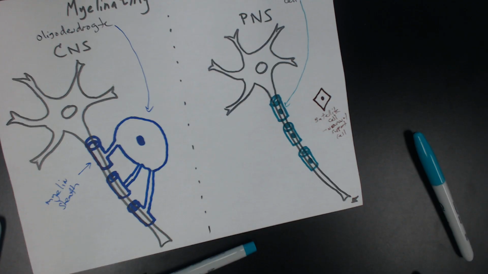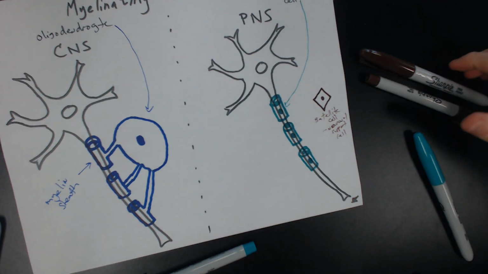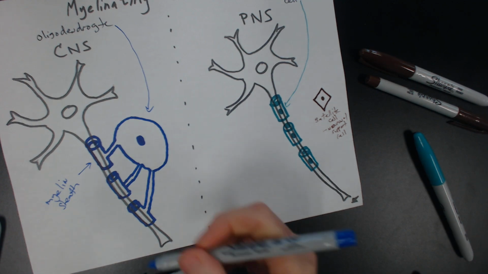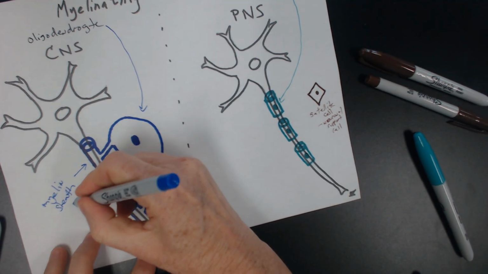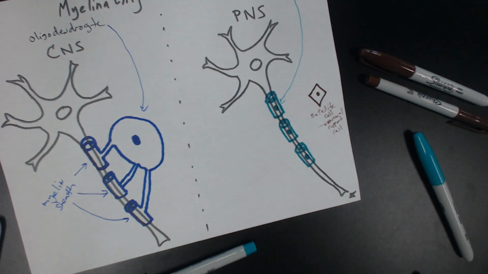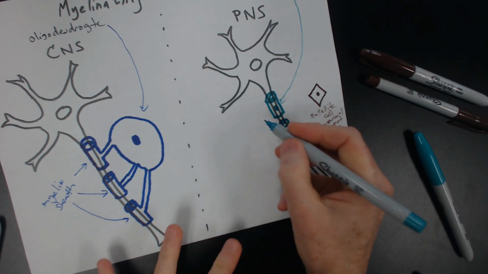Yes, Ben? The myelin sheath, is that all 3 tubes that are on that axon, or is it just one of them? PNS or the CNS? In the CNS. Well, all of them are myelin sheaths. So everywhere that I've indicated, all of these here are myelin sheaths, and all of these over here are myelin sheaths as well.